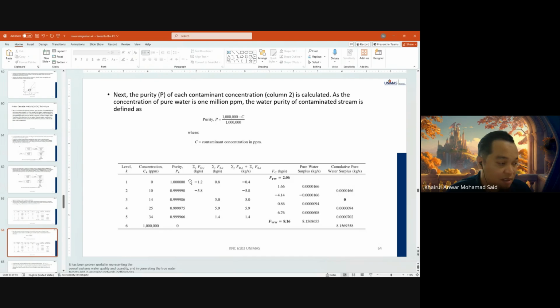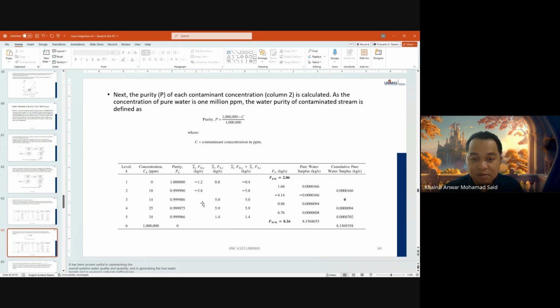Column three is the purity difference. Okay, column four and five is sum up all water demand sink and water supply source active at each purity level.